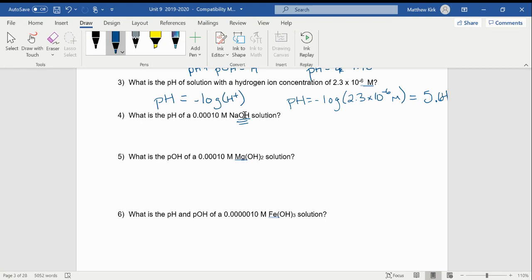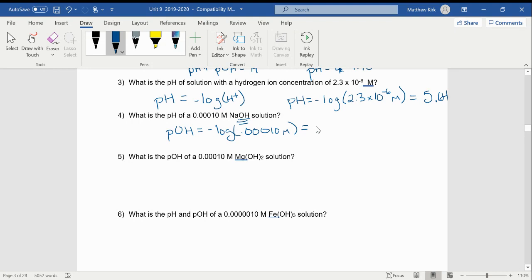Now I know pH plus pOH equals 14. So if I can get either pH or pOH, I can get the other. For number 4, I'm going to find pOH, because the concentration I have is a base. So I'm going to take the negative log of 0.00010 molar to get my pOH.